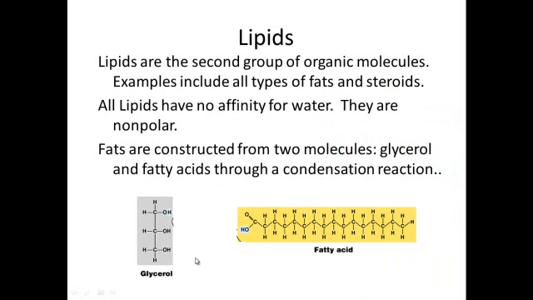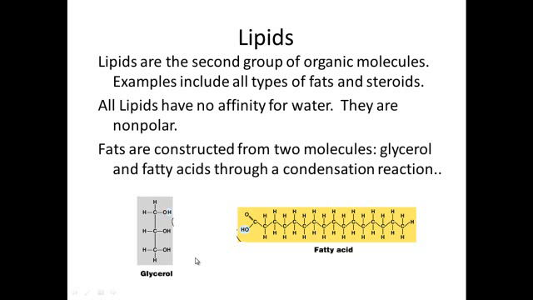The next major type of molecule is called a lipid. Lipids are things like fats and steroids. They are not water soluble. They are nonpolar. One interesting thing, all 4 major molecules, except lipids, have monomers and polymers. Monomers being the basic unit, polymers meaning multiples of the monomers.